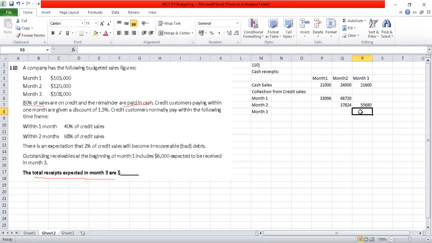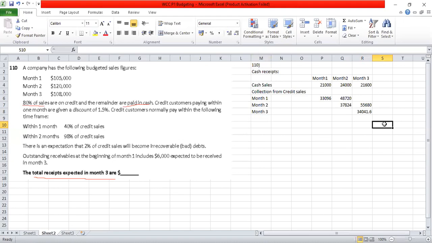Out of the credit sales within 1 month, that would be equal to 108,000 into the credit portion of 80%, into the payment is for 40% of the credit portion, into 98.5% of the cash amount will be collected. So these are the cash collections. Month 3 will fall into month 4 also, but we are not looking into that.